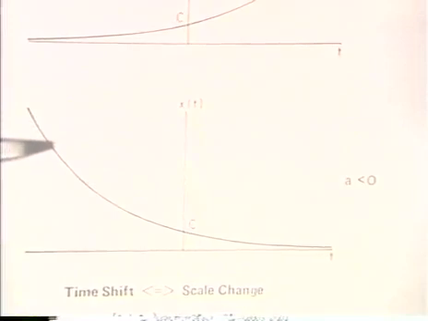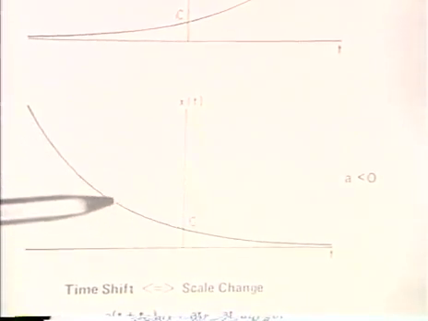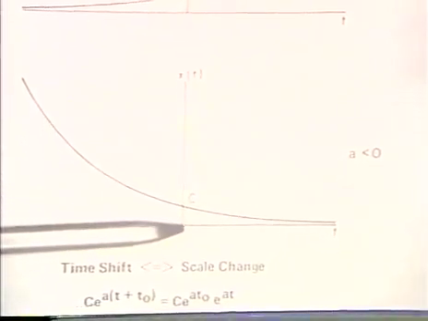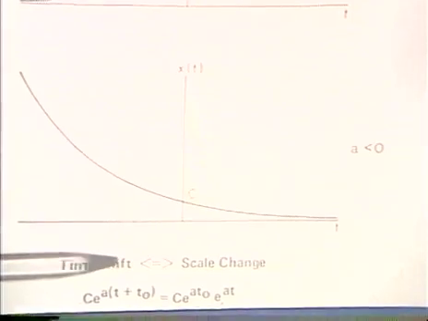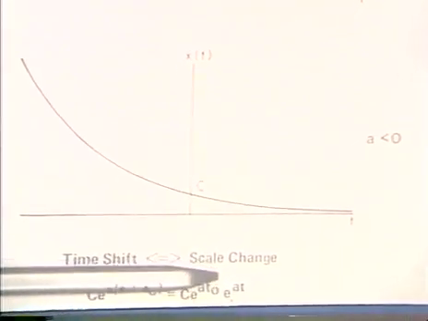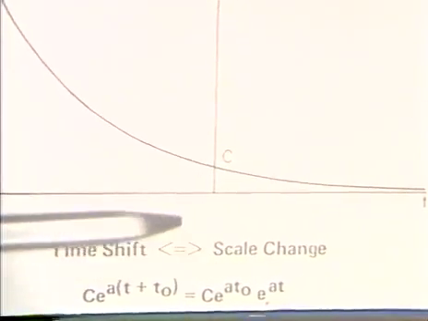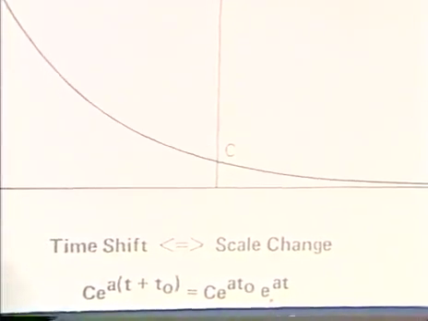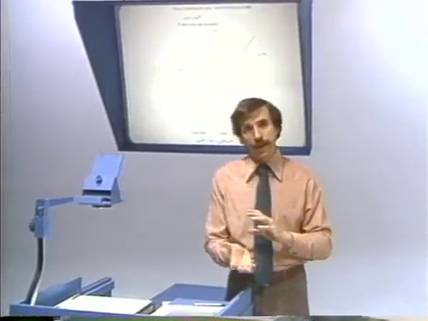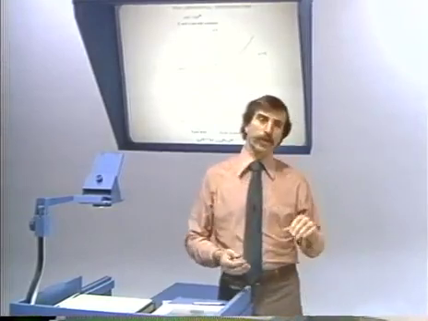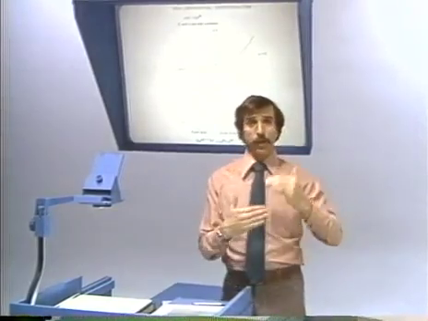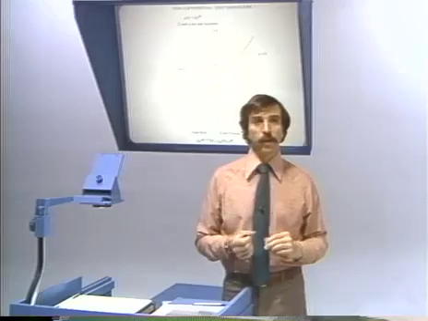Now, somewhat as an aside, it's interesting to note that for exponentials, a time shift corresponds to a scale change, which is somewhat different than what happens with sinusoids. In the sinusoidal case, we saw that a time shift corresponded to a phase change. With a real exponential, a time shift, as it turns out, corresponds to simply changing the scale.